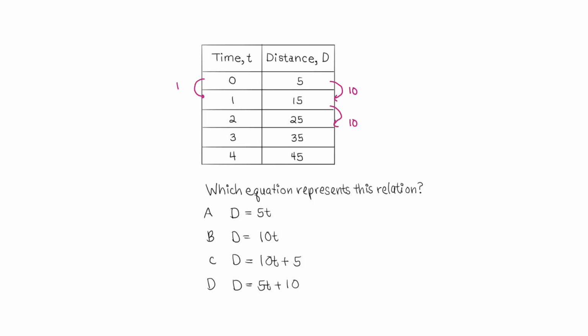It is 5. So the correct answer is 10t plus 5. So the answer is C. It's not direct variation, so we can get rid of these two because there is that initial value of 5. And really, if you know the initial value is 5, you didn't have to do any of the figuring because there was only one that showed the initial value of 5.